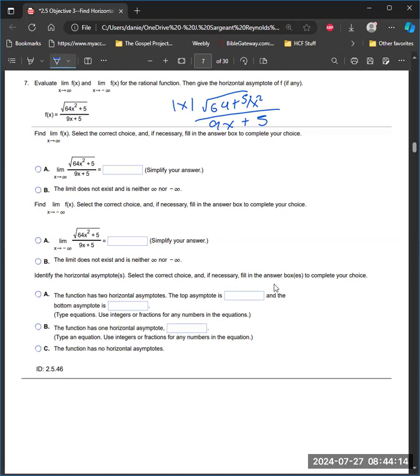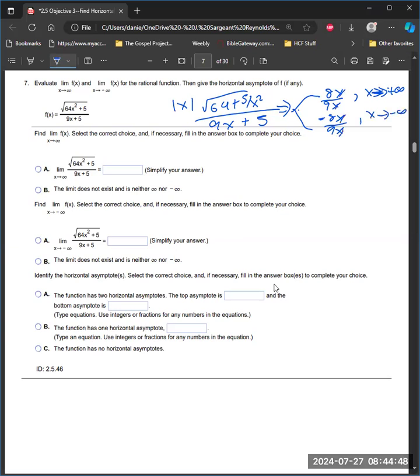So this is going to be 8x over 9x. This approaches that as x goes to positive infinity. And this is -8x over 9x is what it approaches as x goes to negative infinity.